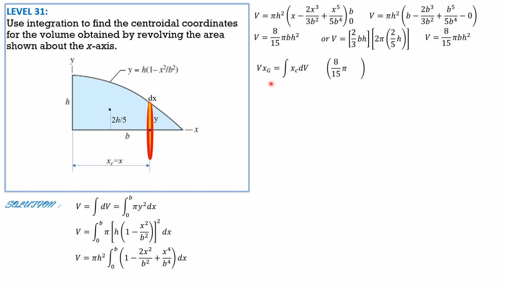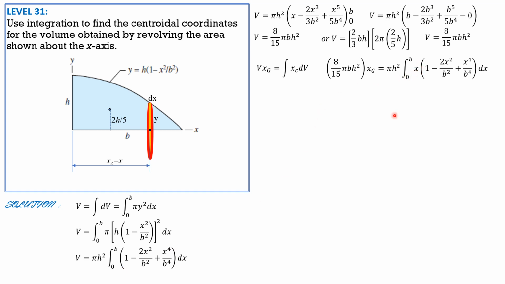So substitute volume 8 over 15 pi b h square xg equals integral of pi h square. Let's just copy this and involve x this time because this is dv. So pi h square quantity 1 minus 2x square over b square plus x to the fourth over b to the fourth dx. Then x sub c is just x here.